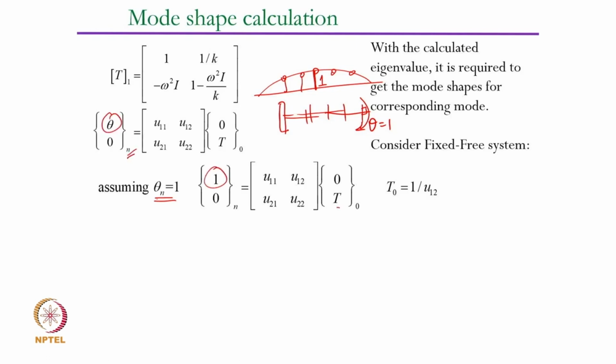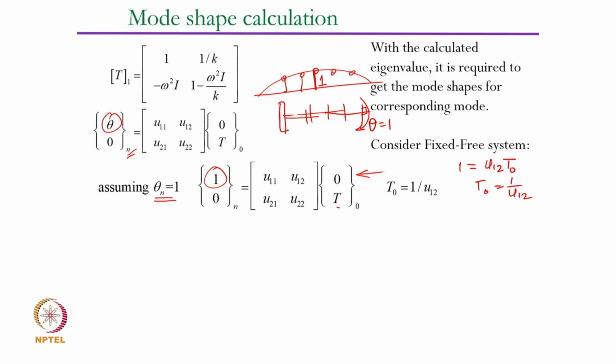By solving the equation, you get u12 into T naught is equal to 1, isn't it? If you take the first equation, 1 will be equal to u12 into T naught. So, T naught will be 1 upon u12.